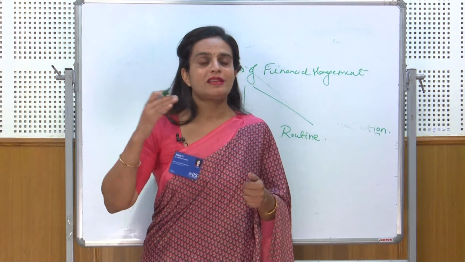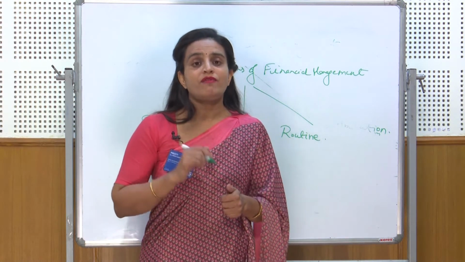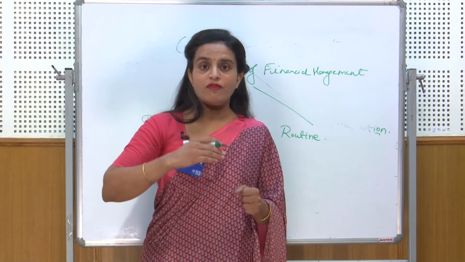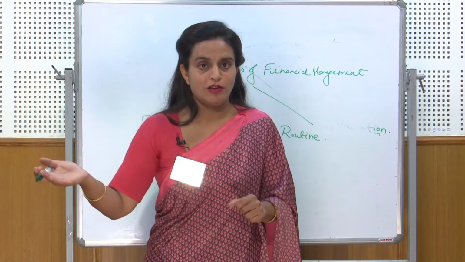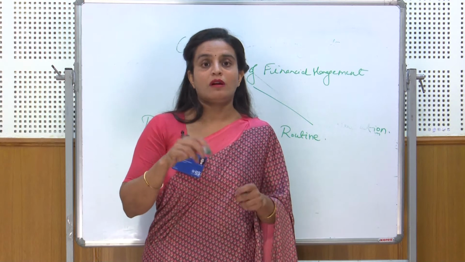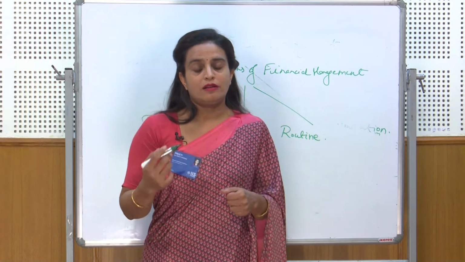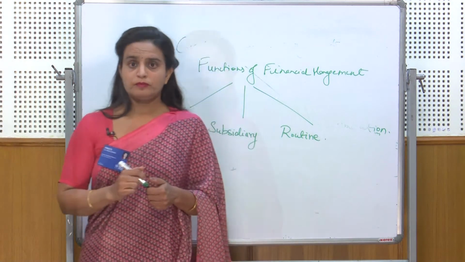Then these standards can be compared with actual performance, and if there are any deviations. Now, what are the deviations? Let us say if your actual performance is less than the standard set by you, then these deviations occur, and the financial manager can take some remedial measures in order to sort out this problem.